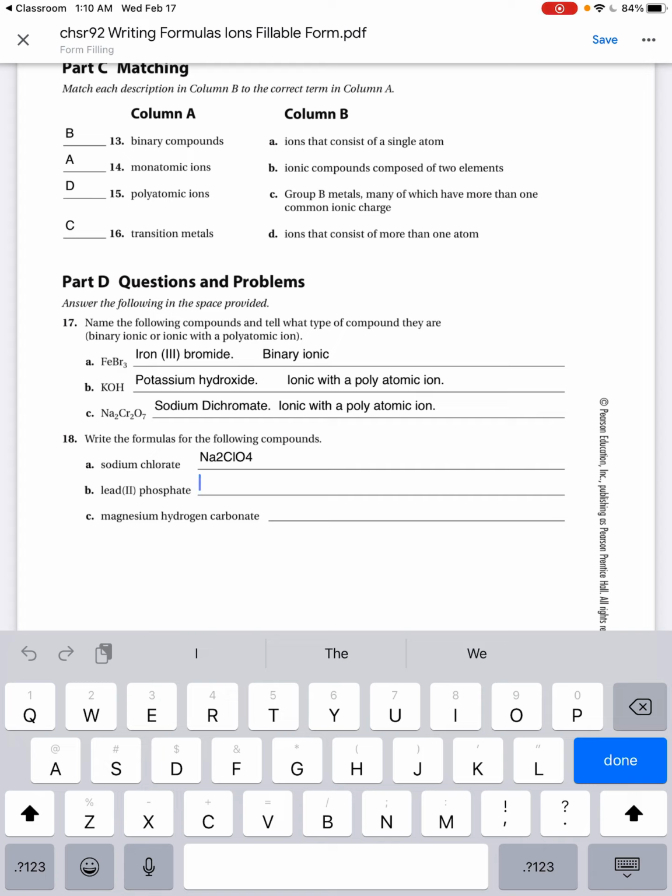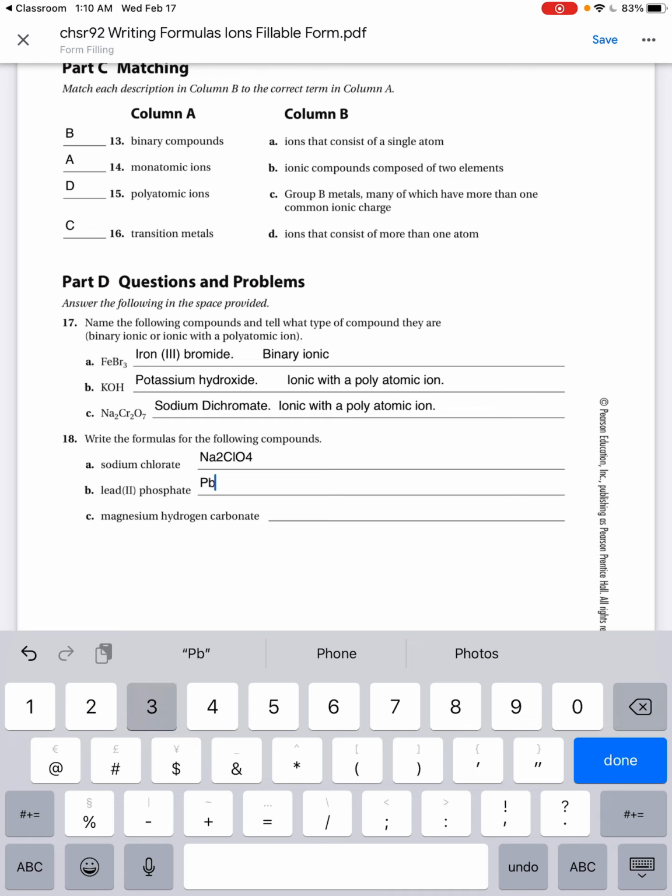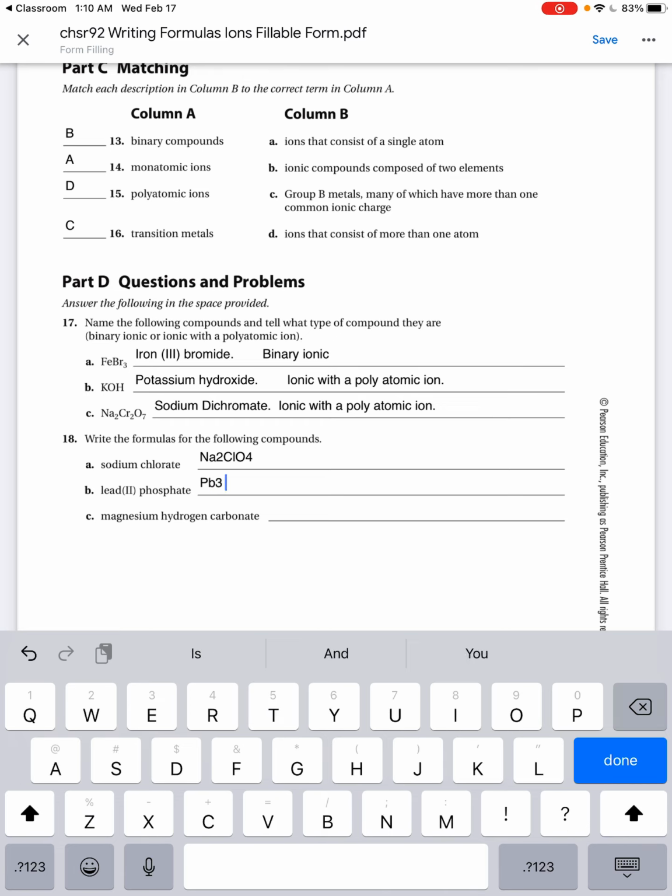Lead phosphate. Phosphate is minus 3, lead is what they're saying, plus 2. So this would be Pb, and I'd need 3 of the plus 2s, and then 2 of the minus 3s. So P, phosphorus, O, oxygen, 4.